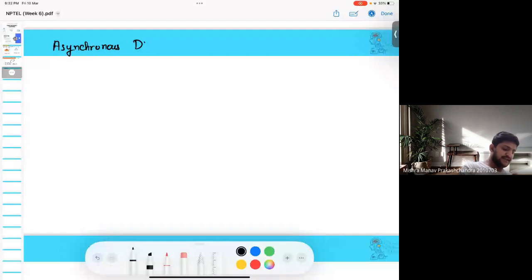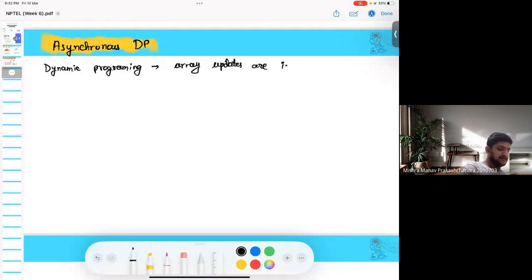Okay. So what asynchronous DP does is it's basically dynamic programming only. Simply put, it's dynamic programming, but the array updates are in place.